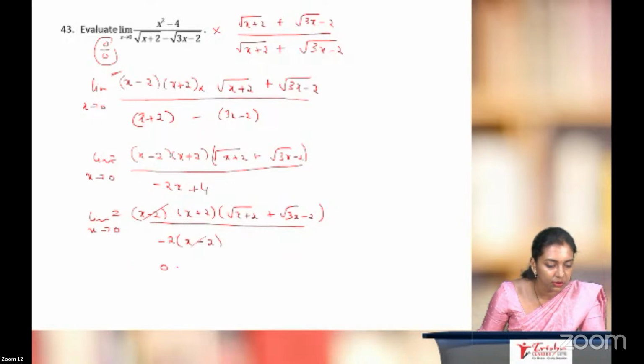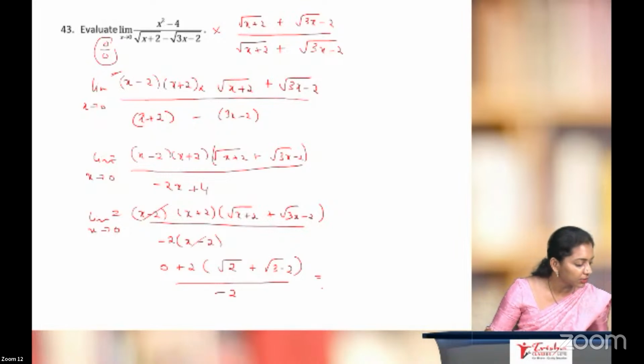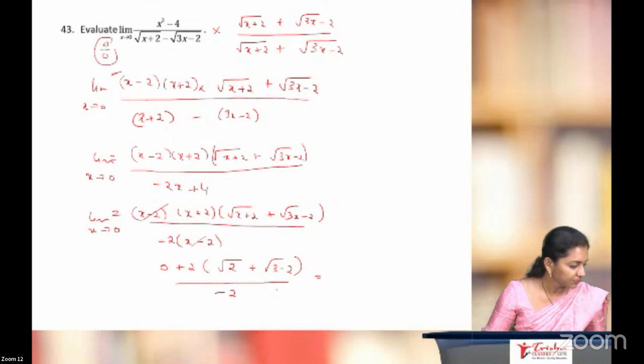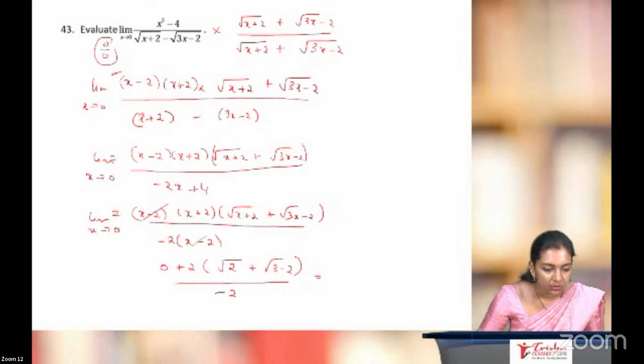Let's see. So 0 plus 2 into root of 2 plus root of 3 minus 2 divided by minus 2, okay? So ultimately the final answer, one second.